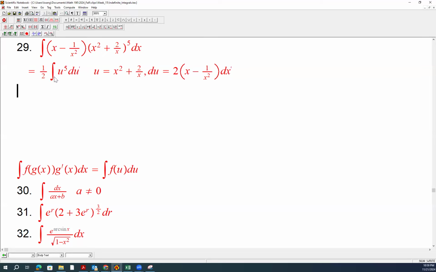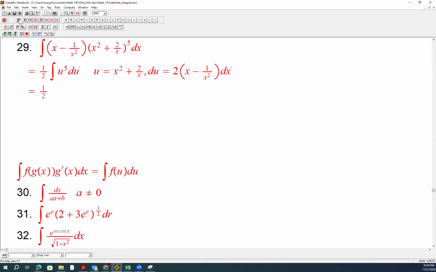Okay, and then the answer is going to be right here. It's going to be 1 over 6 u raised to the power 6 plus the constant. And that's going to be, of course, 12. Whoops. Plus c, sorry, I keep writing equals c.